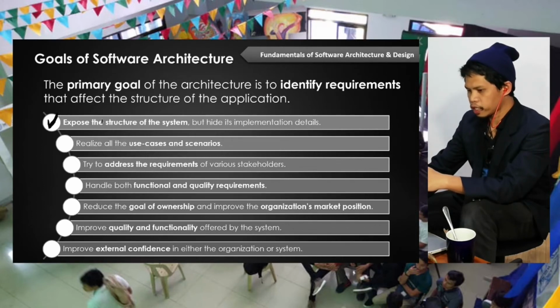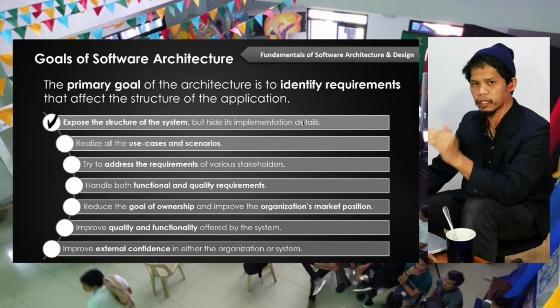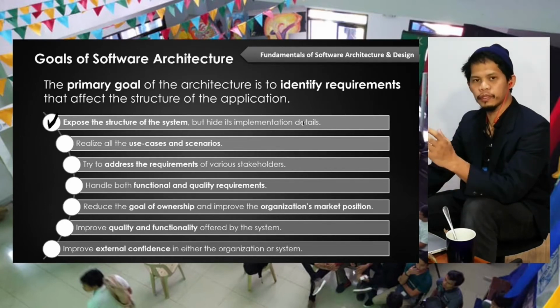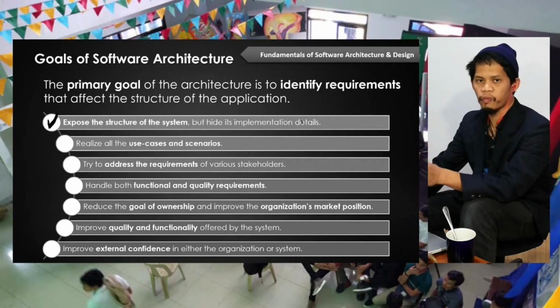First, expose the structure of the system but hide its implementation. This reduces the complexity of the high-level architecture and gives the system design the opportunity to implement the technical details of the elements and components of the system. Next, realize all use cases and scenarios.